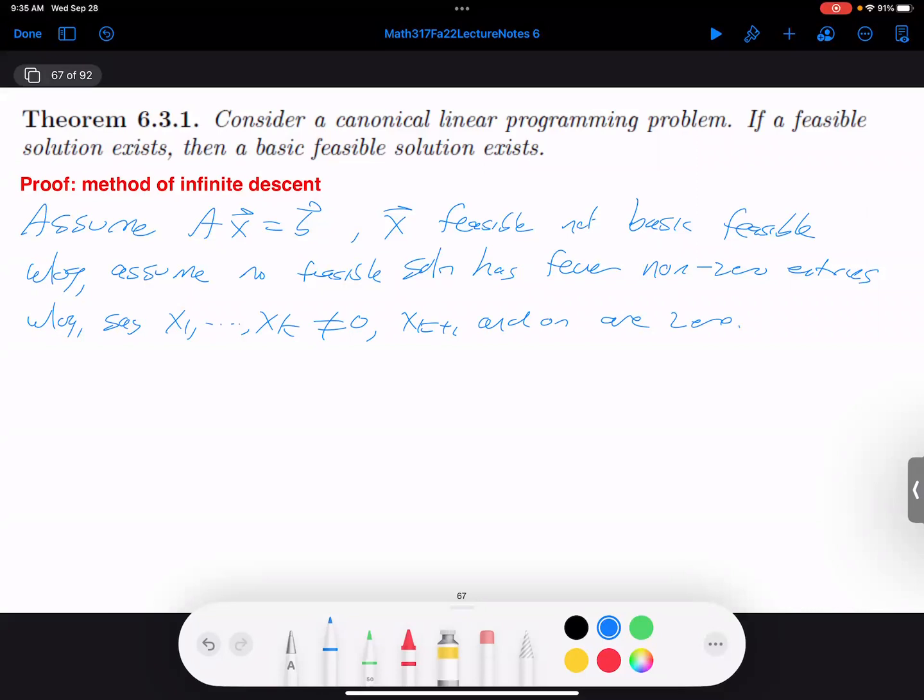Again, without loss of generality, always relabel, just put whatever you want in the beginning. How many of you love indices on indices? Exactly, right? Let's get rid of indices on indices and just move everything to the beginning. So we know x1a1 plus ... plus xk ak equals b, but a1 to ak are not linearly independent. Why are they not linearly independent?